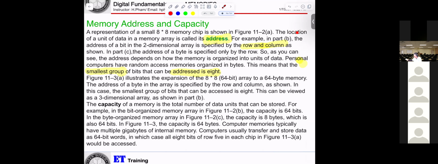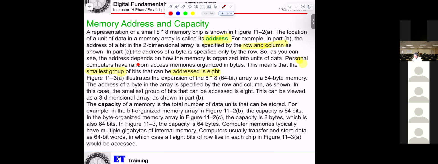That means the location or address, same thing. For example, in part B, the address of a bit in the two-dimensional array is specified by row and column. In part C, the address of a byte is specified only by row.